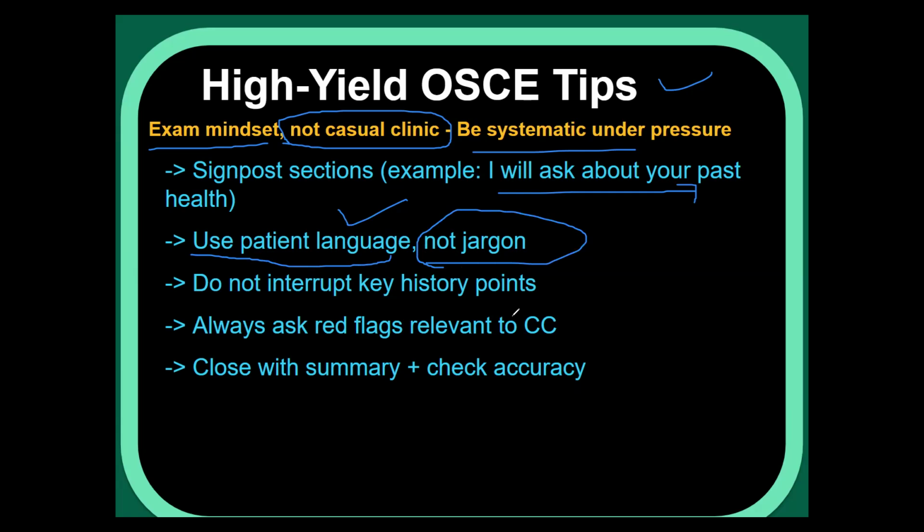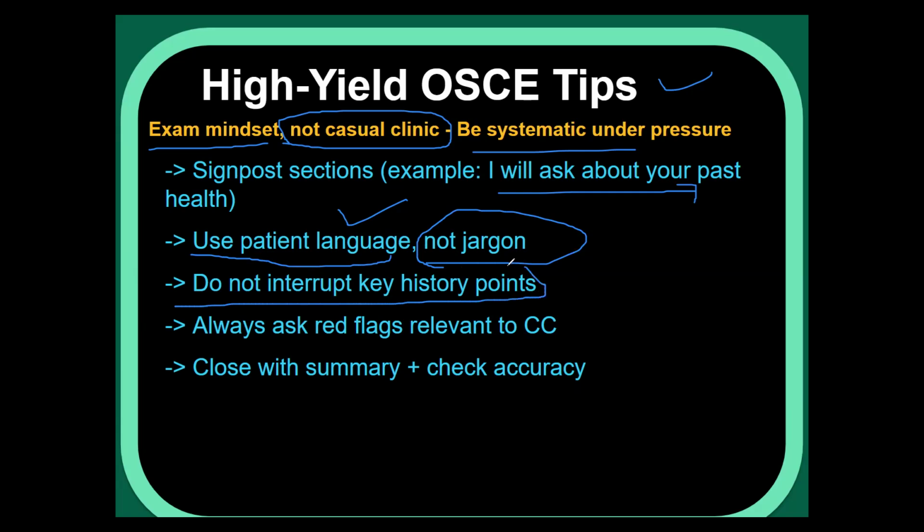Say, I feel like you may have a heart attack. Good thing is you came just in time, so we can do something about it. So make sure you provide patient information that is accurate, plus reassurance in the same sentence. Don't let them worry to death and then tell them that, oh, we can do a stent and it should help.